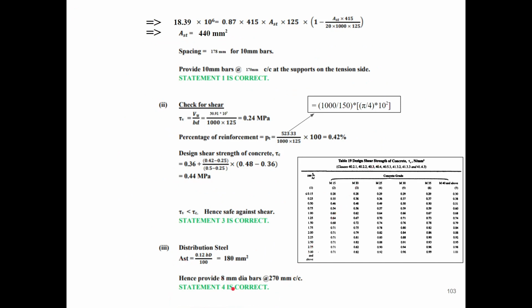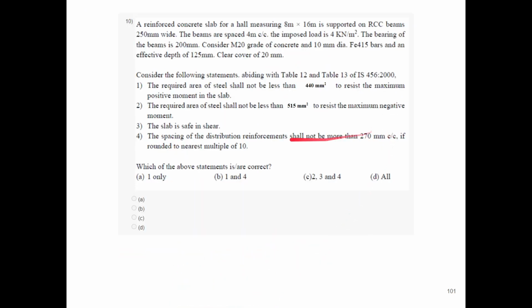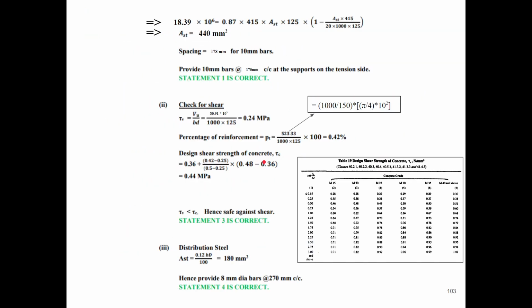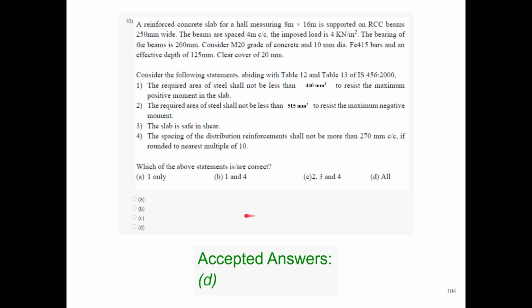So we can provide 8 mm bars at 270 mm center to center. Calculating, we get 270 mm, rounded to the nearest multiple of 10, and the rebar size is 8 mm. Definitely it will be less than the primary reinforcement. So all the statements are correct, and this is the correct option.